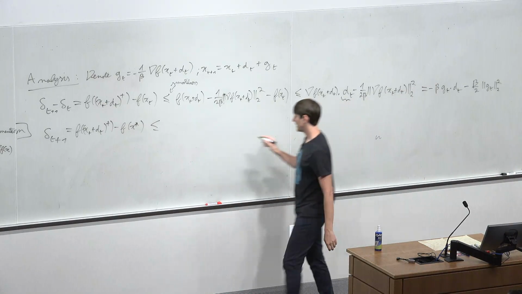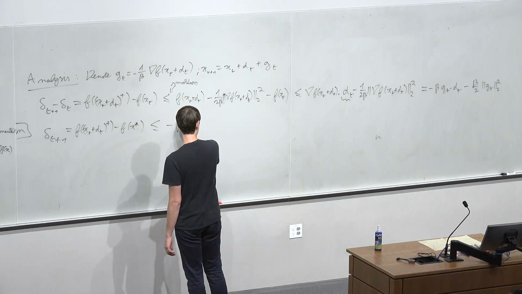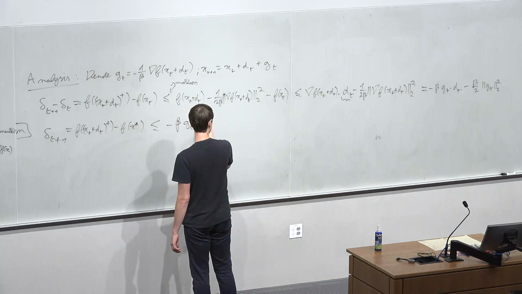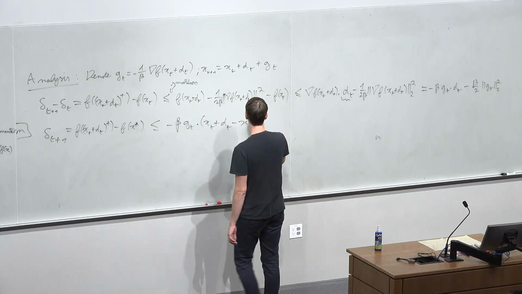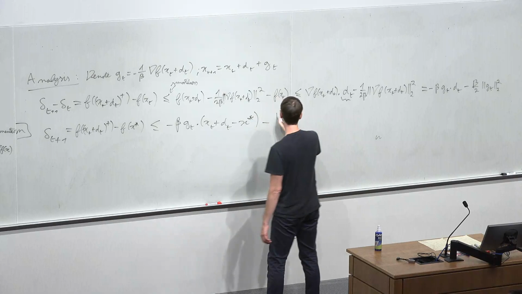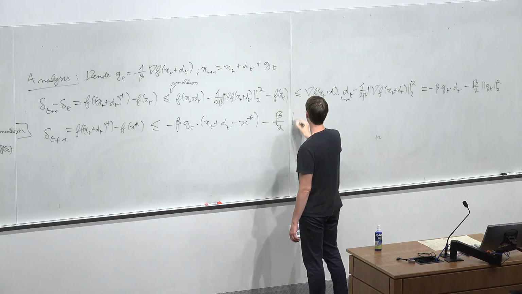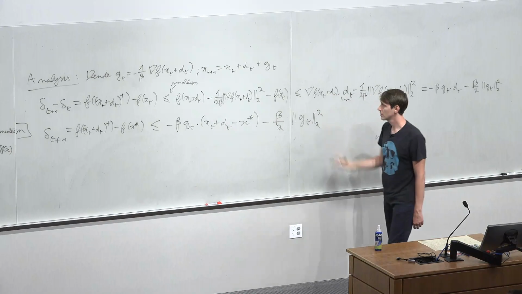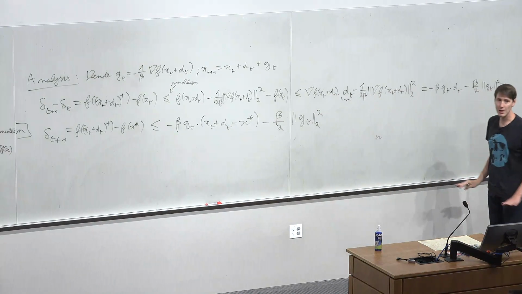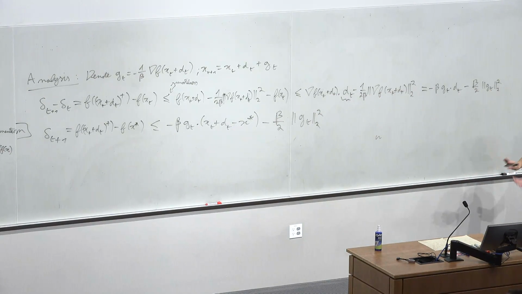So I immediately get that this is bounded by minus beta g_t dot x_t plus d_t minus x star, minus beta over 2 norm of g_t squared. So far no magic. I'm just writing out the inequalities that I get with the momentum using convexity and with the gradient step using smoothness.